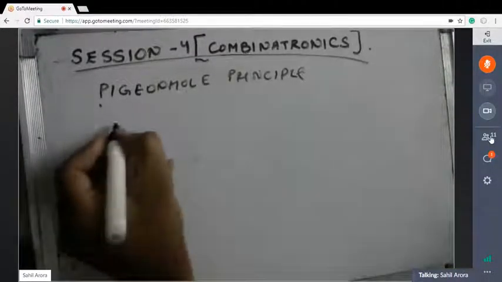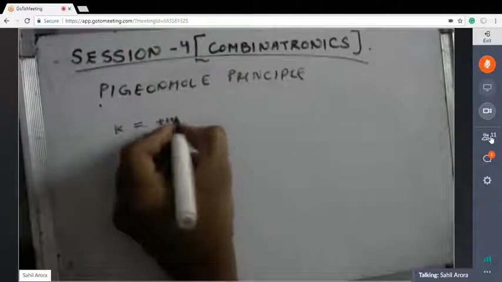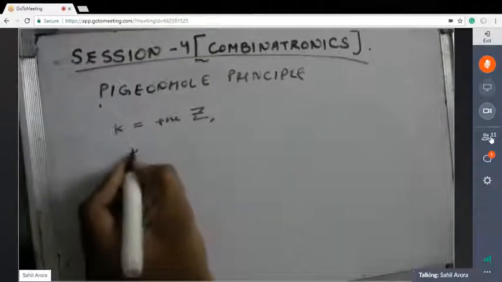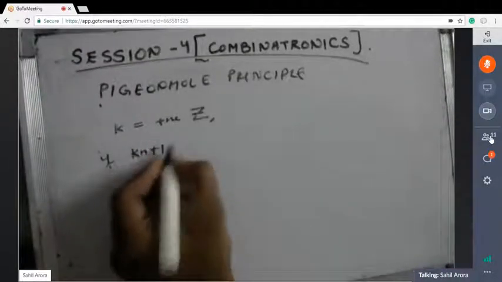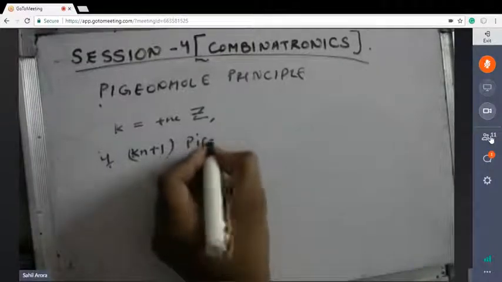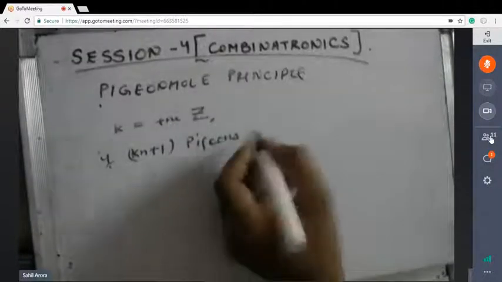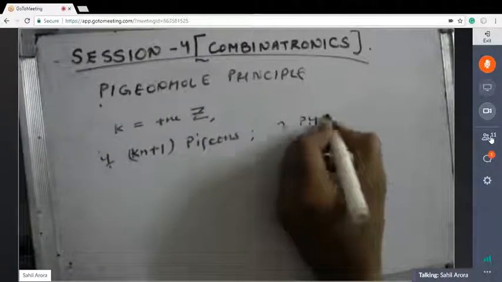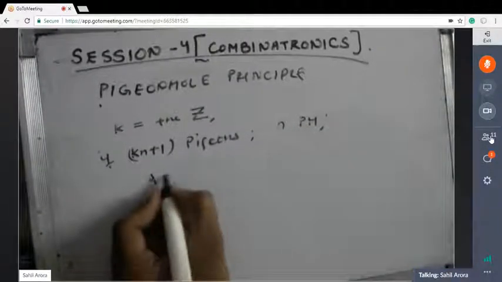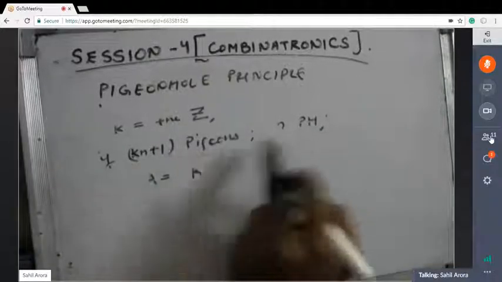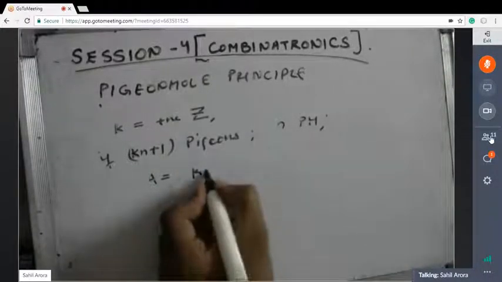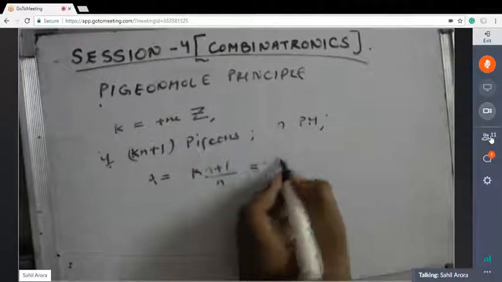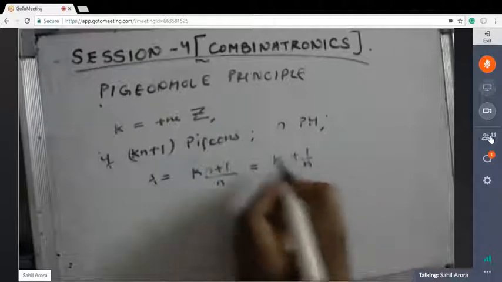Let's say that k is a positive integer, and let's say we have kn plus 1 pigeons and we need to put them in n pigeonholes, then we know what an average is. Average, everybody knows, is the sum of all the pigeons divided by the total number of pigeonholes. So kn plus 1 divided by n. So that would be nothing but how much? That will be k plus 1 by n.